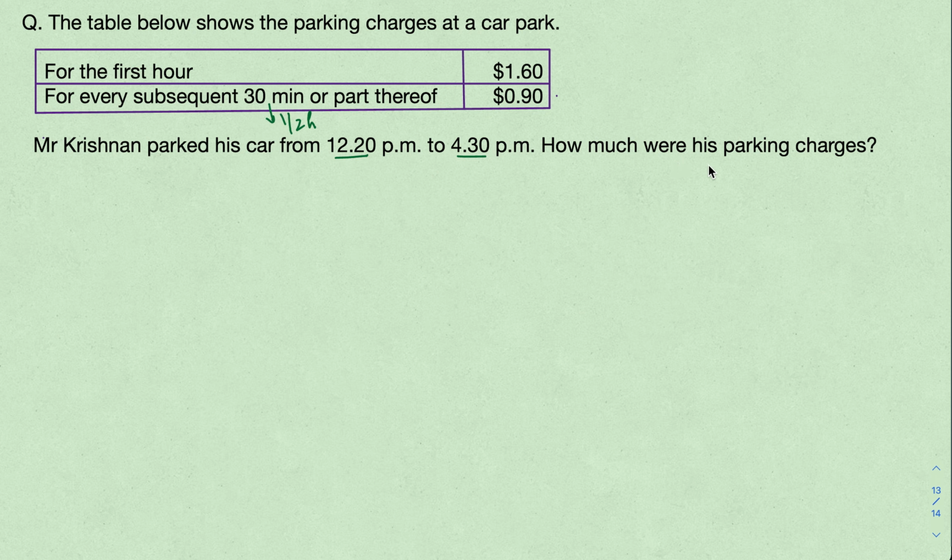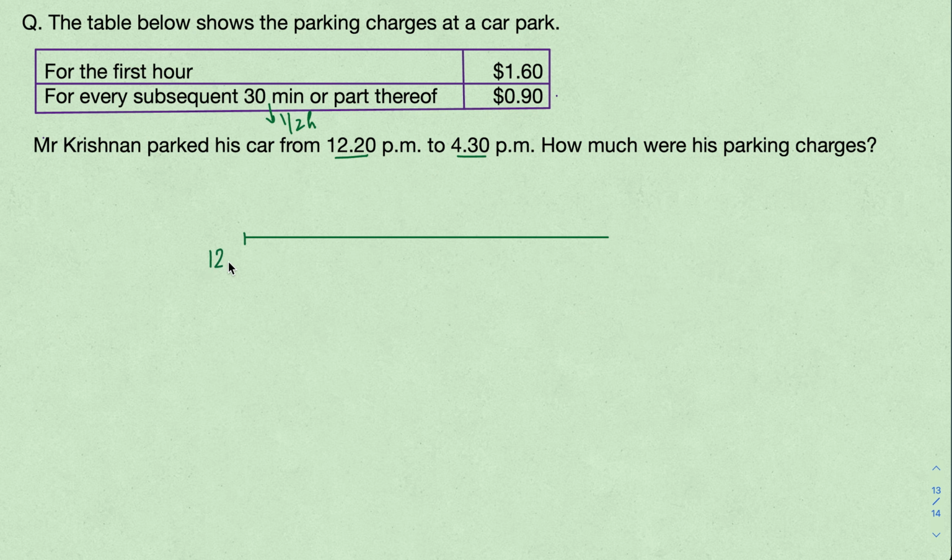Okay, so in order to solve this question, the first thing we need to know is the duration for which Mr. Krishnan parked his car in the car park. For that, the first thing we need to do is draw the timeline. I have started it, and from here we start with the start time.